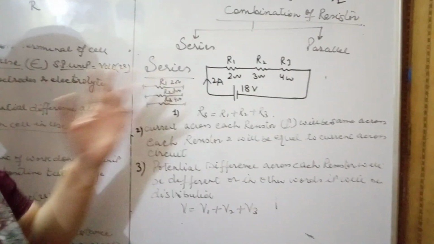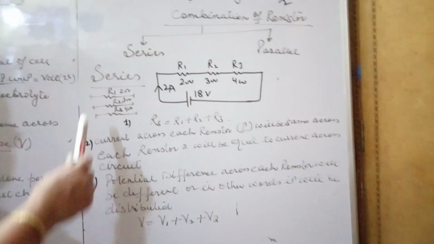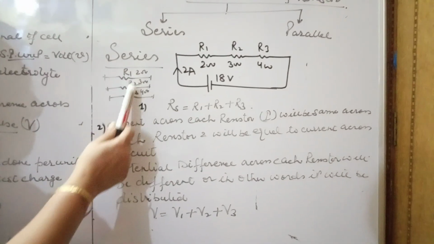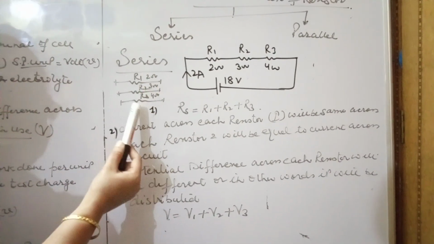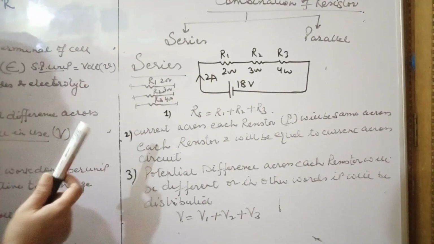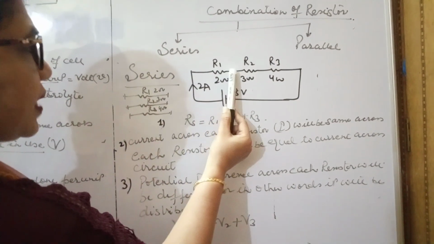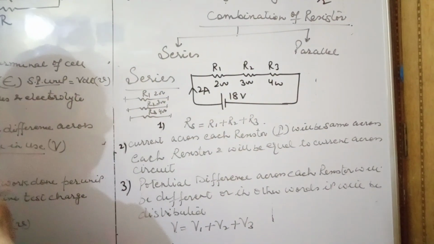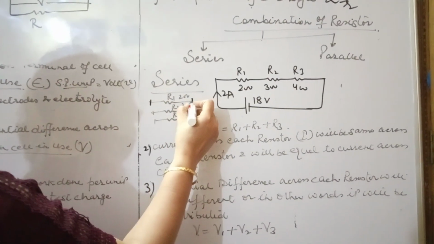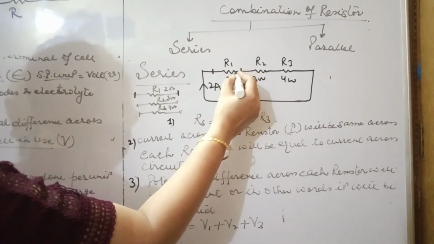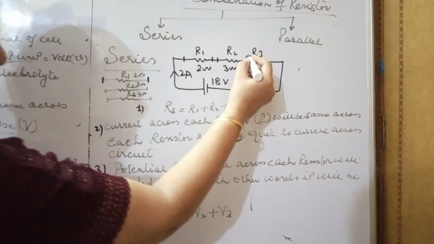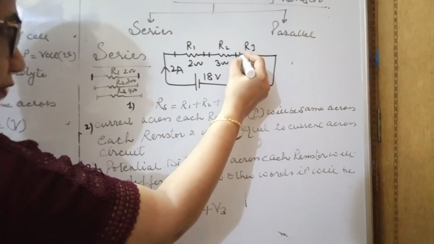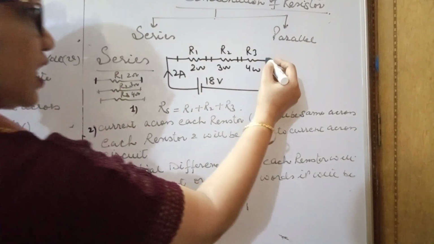So firstly, I will explain what is series. Suppose there are 3 resistors, R1, R2, R3. I just consider 3 bulbs. One resistance 2 ohm, second 3 ohm, third 4 ohm. How will I connect them in series? We simply interconnect them. The second terminal of the first is connected to the first terminal of the second, and the second terminal of the second is connected to the first terminal of the third.